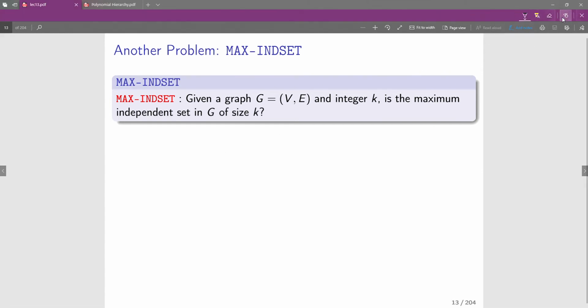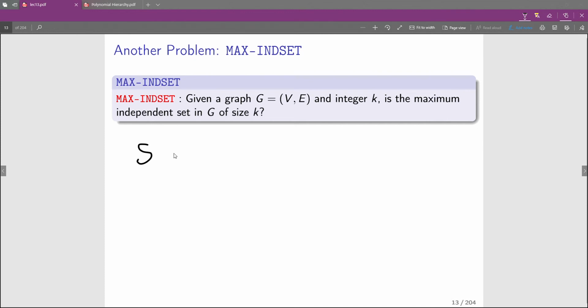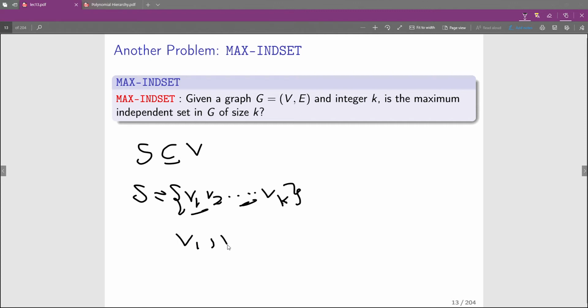So you take S, a subset of V, of the form V1, V2, and so on till Vk. You check whether for any pair Vi, Vj, there is an edge between these two.